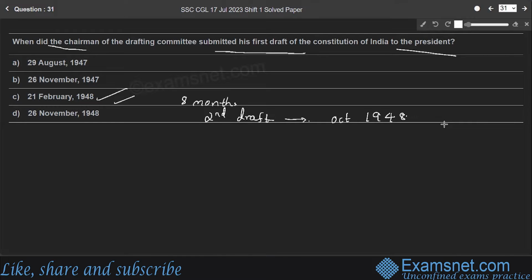In all, it sat only for 141 days. Therefore, option C is the right answer: on 21st February 1948, the chairman of the drafting committee submitted his first draft of the Constitution of India.